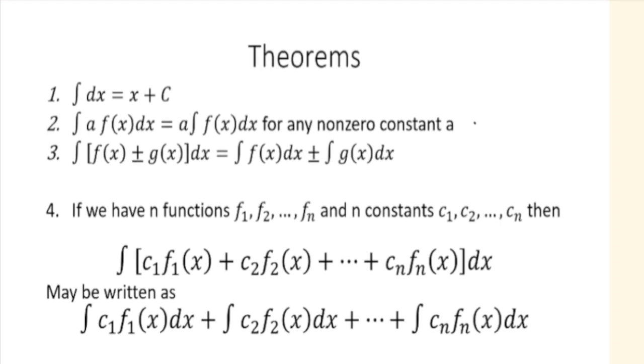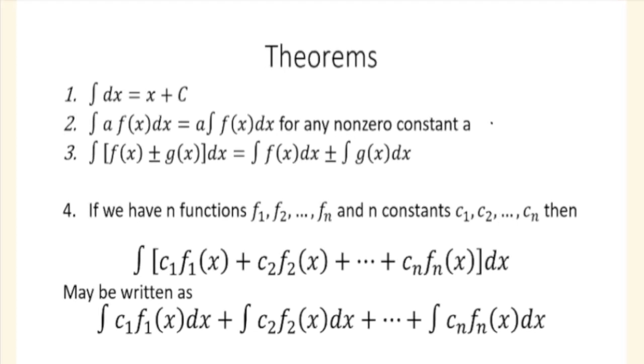Okay, so moving on. The second one is if we have a constant multiplier a, pwede natin siya ilabas ng integral sign and get the antiderivative of f of x normally.